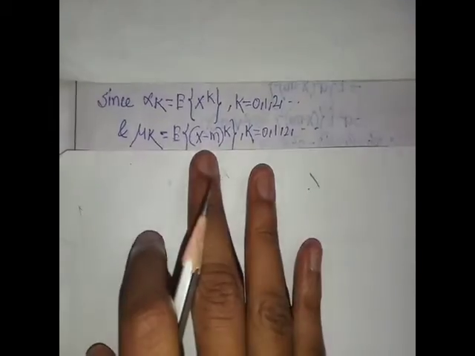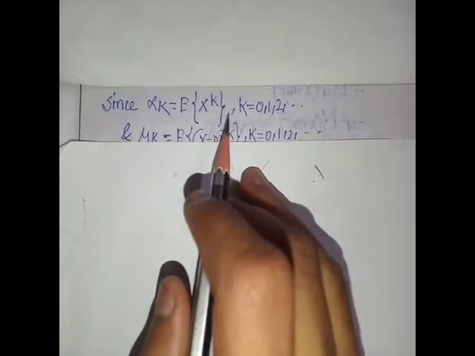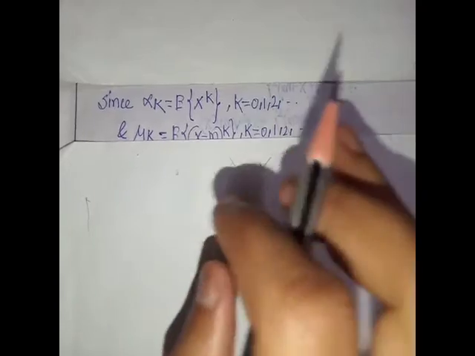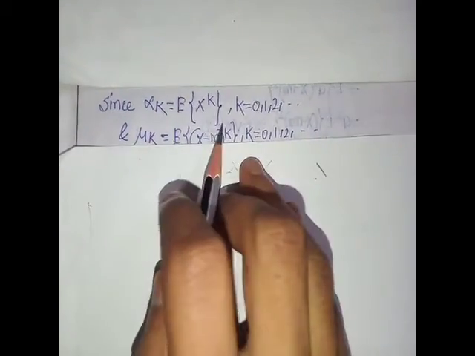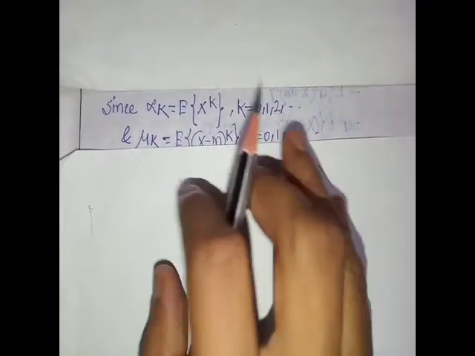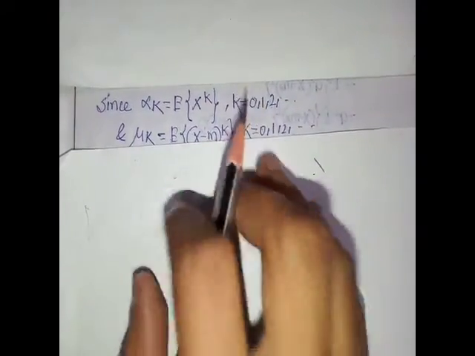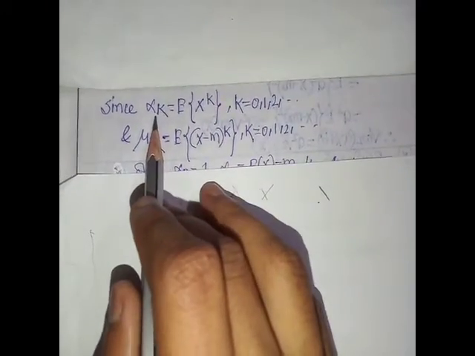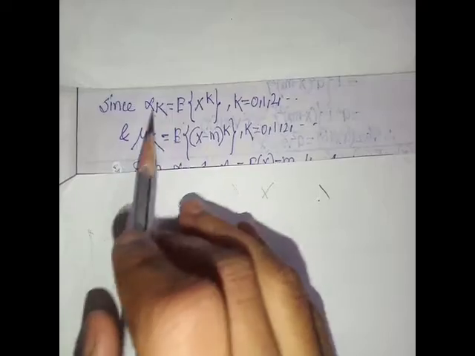Similarly, if we calculate the relation between central moment and moment about origin, we get similar results. Alpha k is the moment about origin and mu k is the central moment of order k.